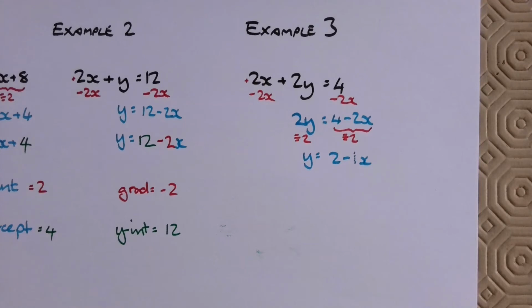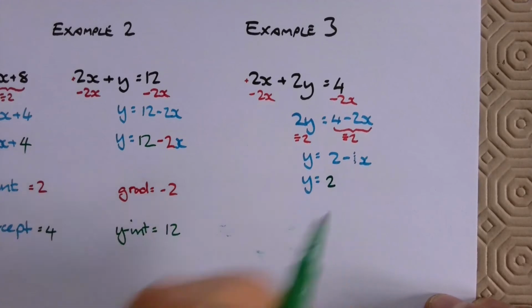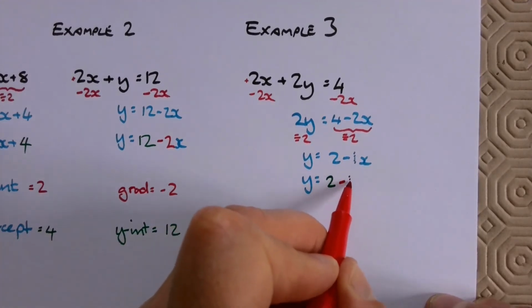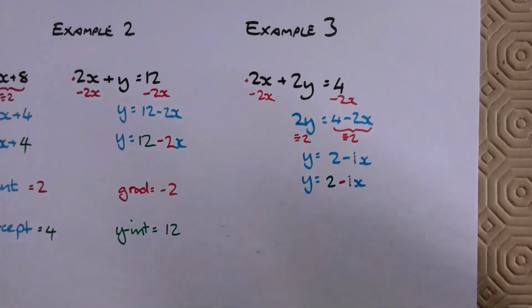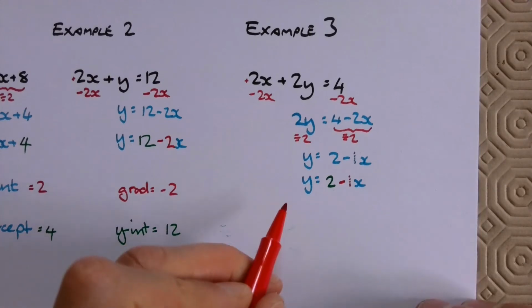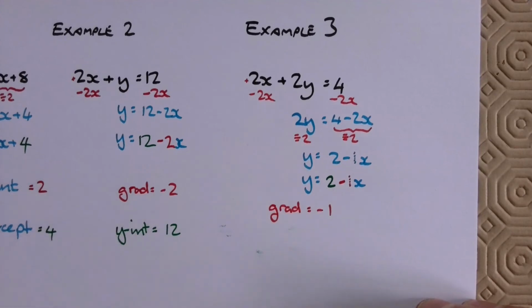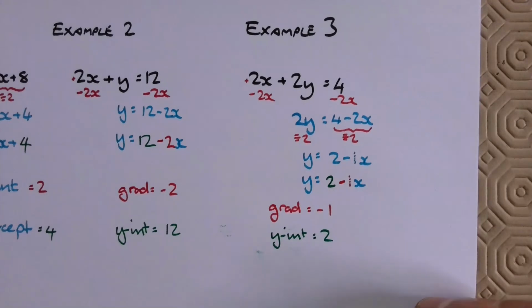So y is equal to 2 take away the invisible 1x. Realistically, we would write y = 2 take away x, but I'm doing this so we can see where we're going with the gradient. So the gradient here is equal to minus 1, and the y-intercept is 2. So hopefully that gives you a clue as to where we're going when we go onto the card.